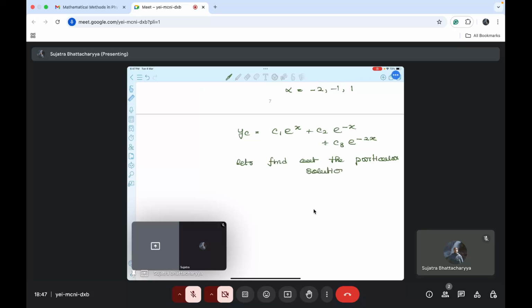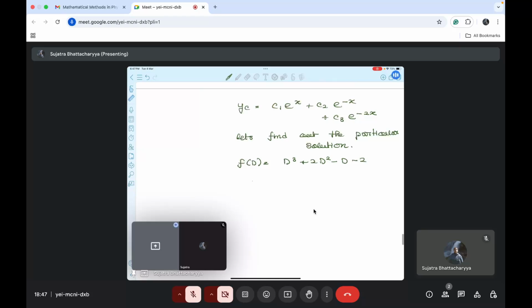All right, what is the particular solution? Let's write it in terms of f(D), which is nothing but D cube plus 2D square minus D minus 2. So f(D) times y_p is equal to e to the power x only. So y_p becomes e to the power x divided by f(D).